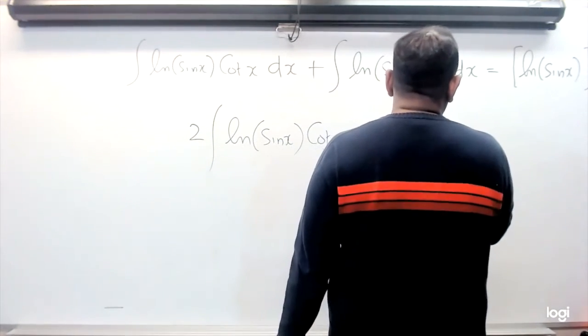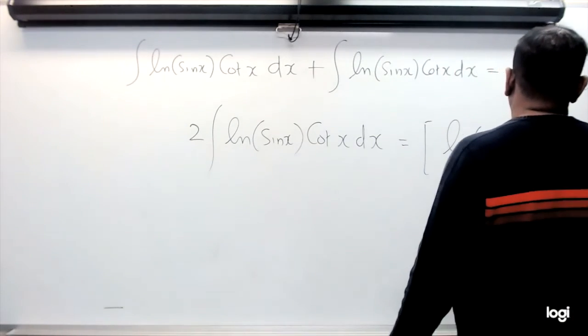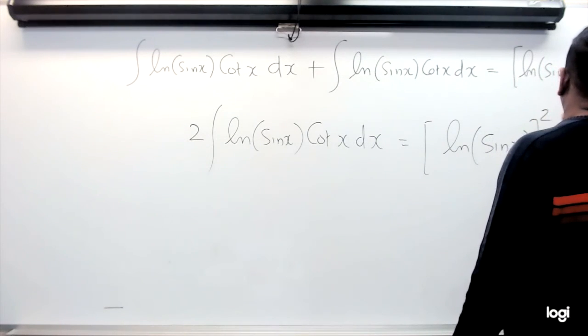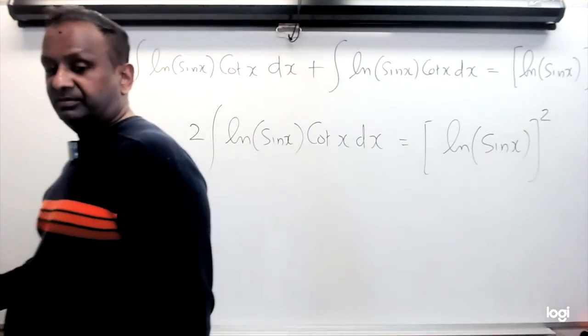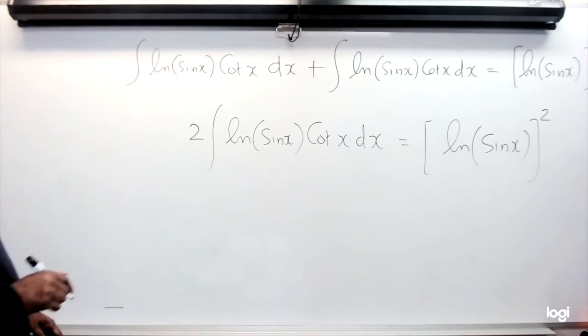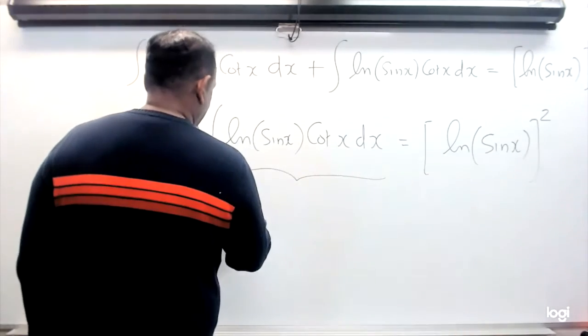On this side, you didn't integrate anything. You just set it up. You integrated only one time using the integration by parts formula. This is nothing but I. See, 2I.